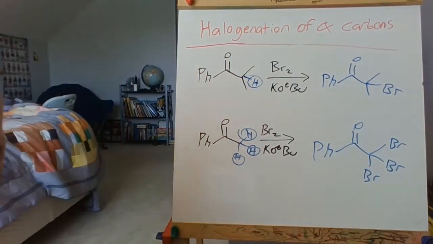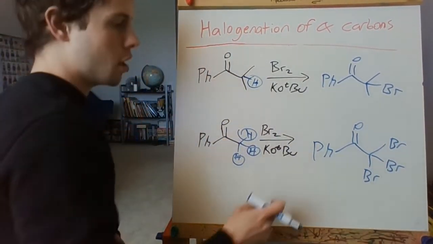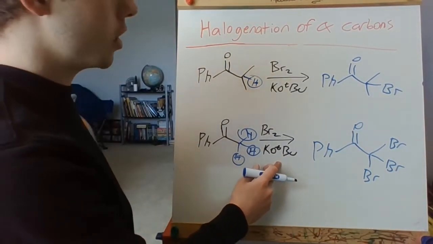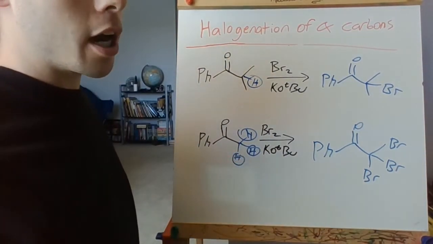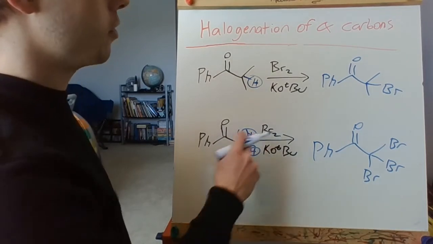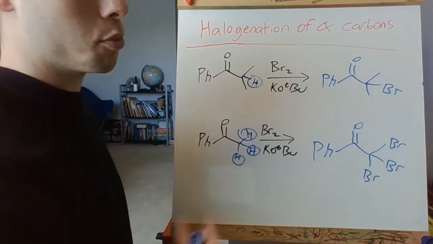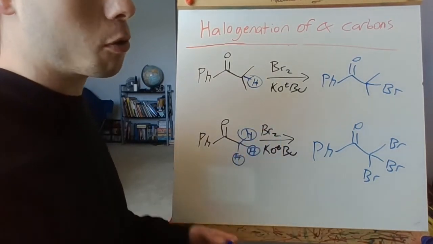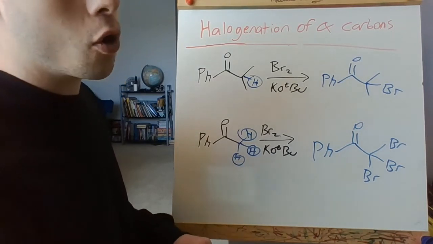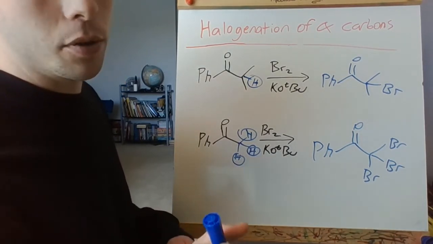And so this would be our final product. So keep in mind, under basic conditions, we replace all alpha hydrogens with a halogen, either bromine if we're using Br2, chlorine if we're using Cl2, or iodine if we're using I2.